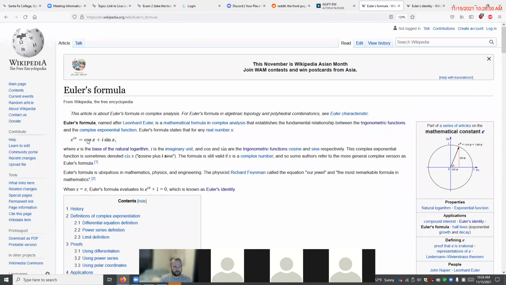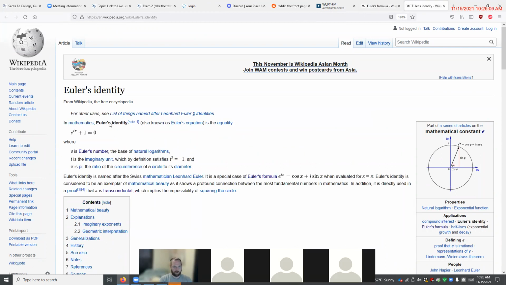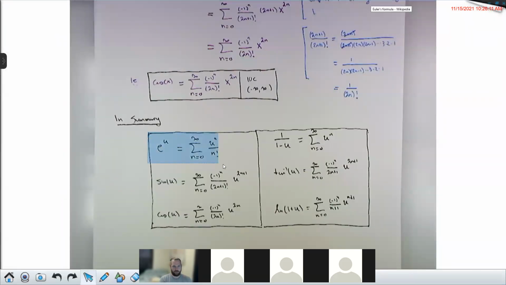Or maybe you have seen this sitting around somewhere. e to the ix equals cos x plus i sine of x. These statements come precisely from this guy and his connection to these 2. If you plug in i times x for u here, and then split that series up into its even and odd parts, the even parts are cosine, and the odd parts are i times sine.